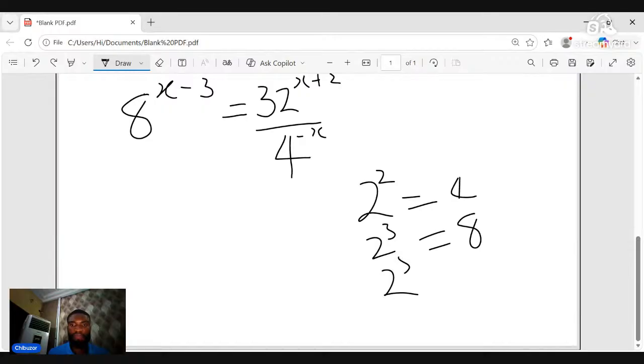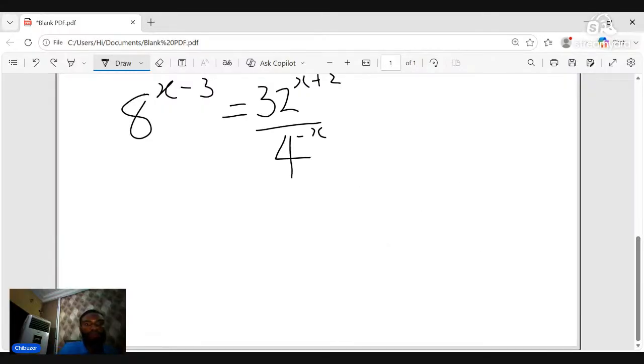So having established that 2 is the common base, what do we do? We substitute 8 with 2 raised to power 3 in bracket x minus 3. Then we go over to the other side.